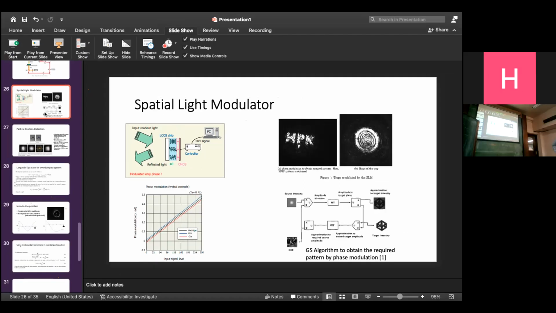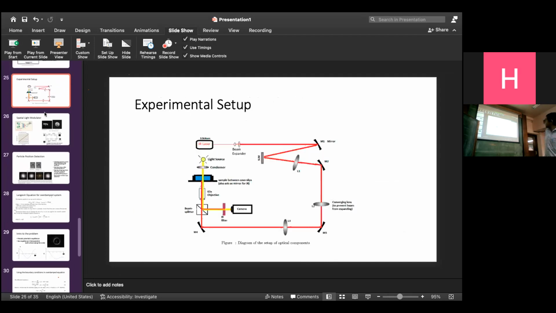And I couldn't understand the philosophy of the optical tweezer. Why do I have an optical tweezer? Okay. So, forget about the optical tweezer. I'm basically using an objective lens. This lens is my Fourier transforming lens. So whatever I give it at the back, the Fourier transform will come here.